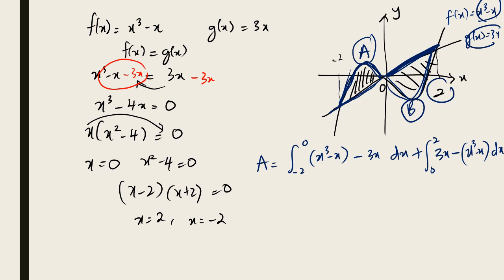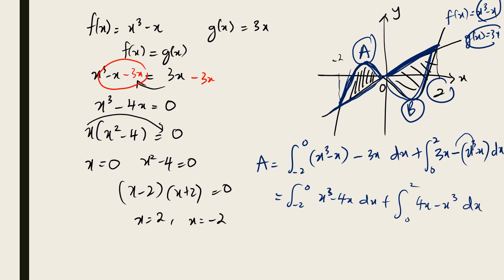So how to integrate? Simplify first. For A, we get the integral from negative 2 to 0 of x cubed minus 4x with respect to x. For B, we simplify to get the integral from 0 to 2 of 4x minus x cubed with respect to x.